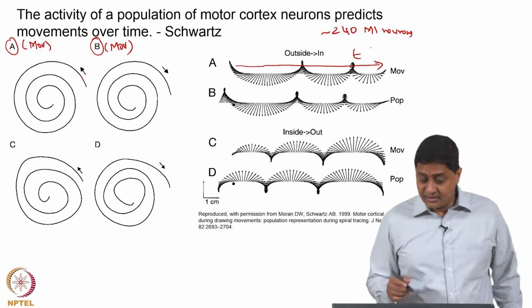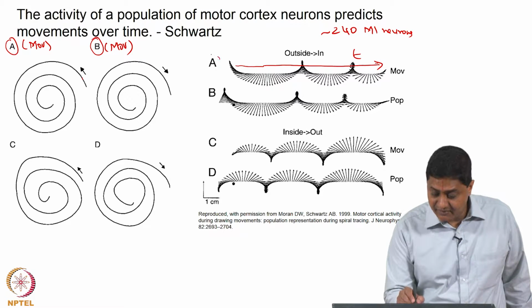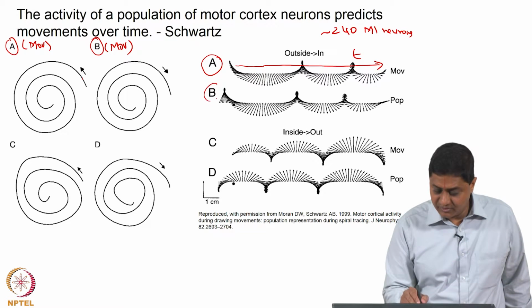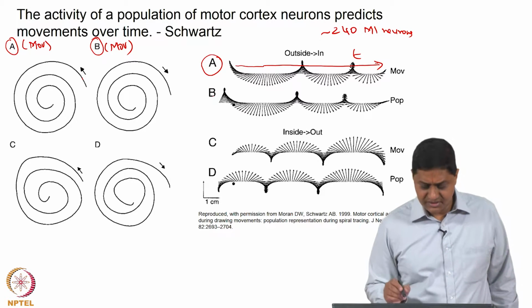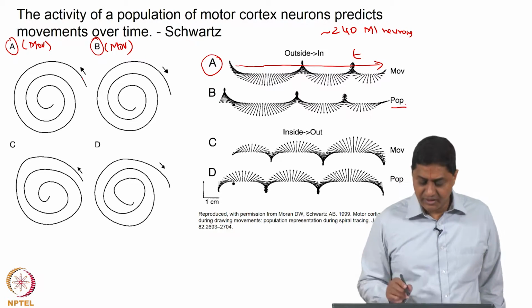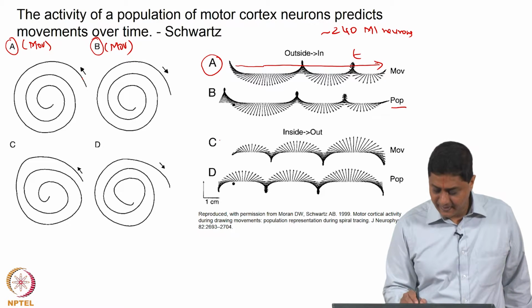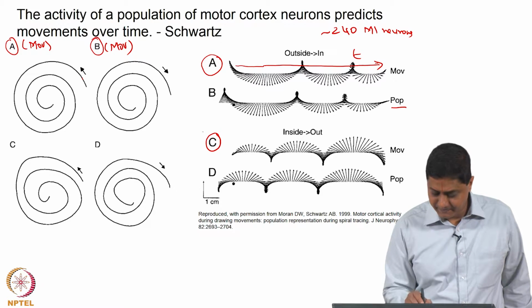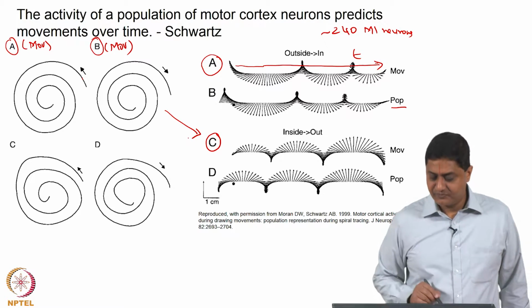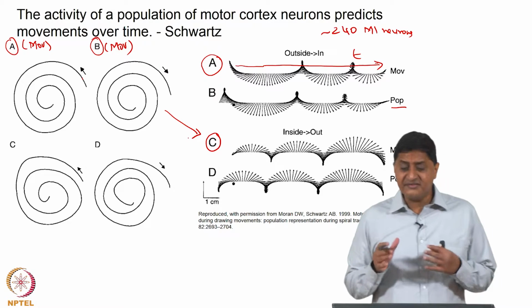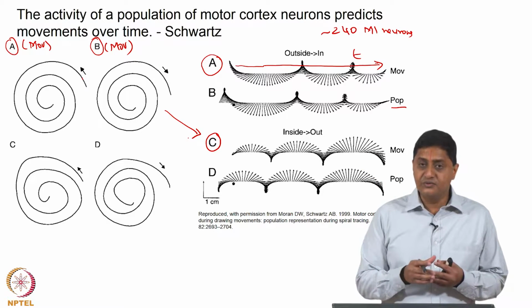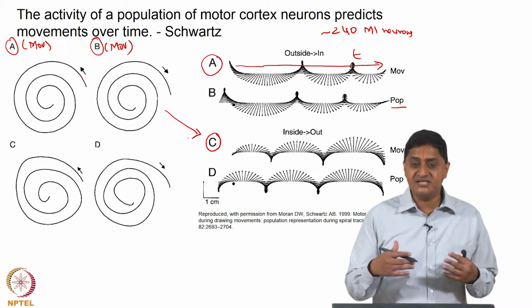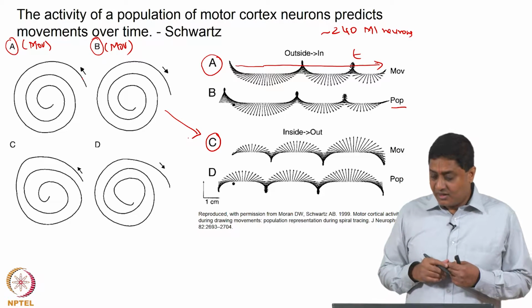That is for the movement A and this is for the movement B. Again, this is population activity, for the movement A and for the movement B. This is the decomposition of the actual trajectory into the instantaneous directions and velocity vectors.